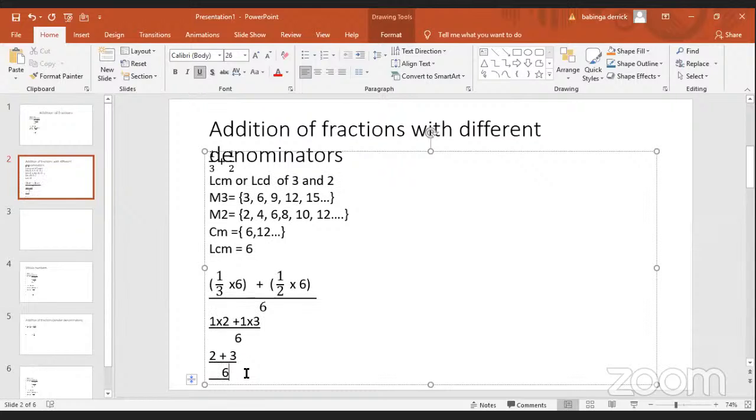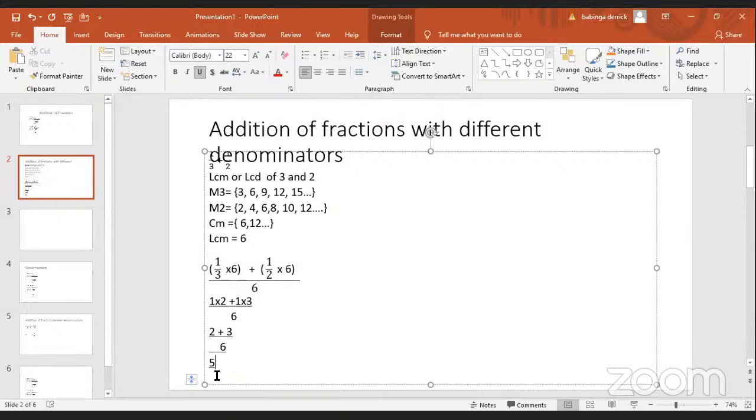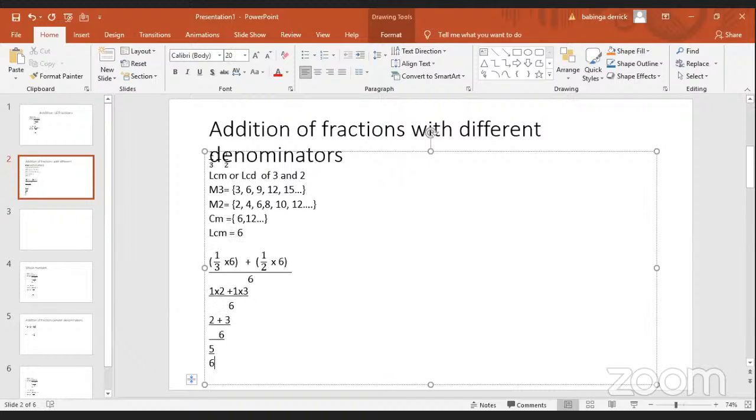So we get it out of 6. So when you add, to get the final answer, you say 2 plus 3, you get 5 out of 6. That is the first way of working out such a number.